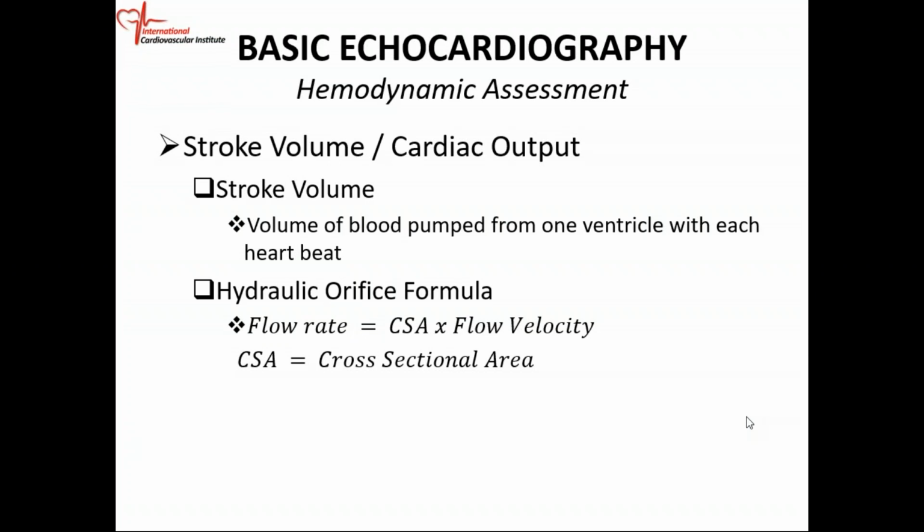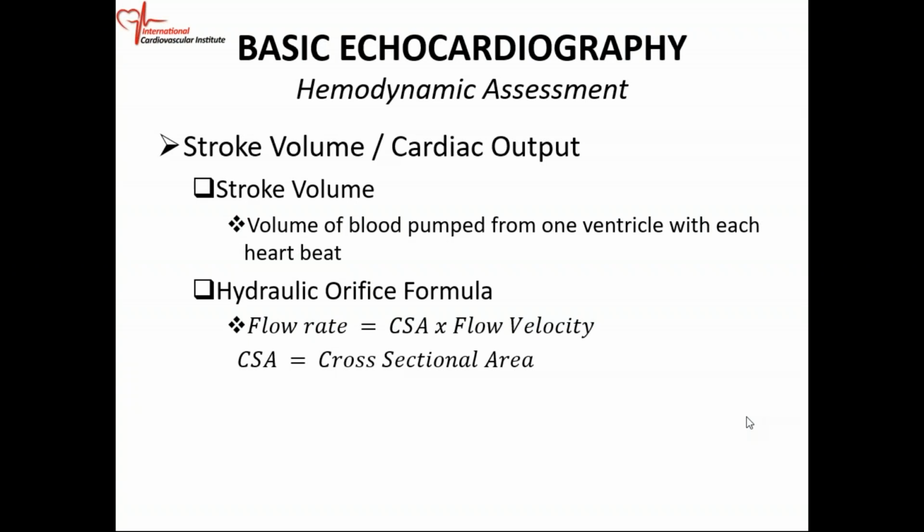If you just go back to the pipe in your house, when you're talking about water flowing, it's a certain volume with respect to some time, and that is flow. All right. So again, the hydraulic orifice formula, when we talk about flow rates, is the volume per second, and that is equal to the cross-sectional area times the flow velocity.